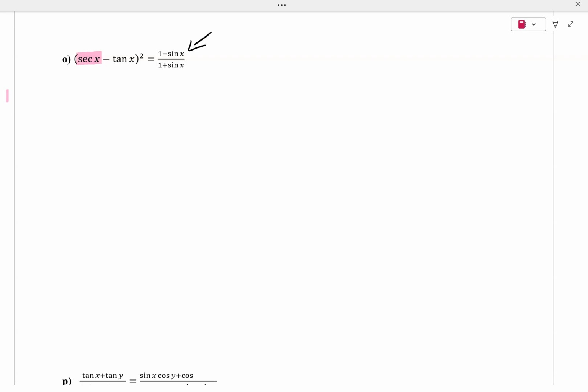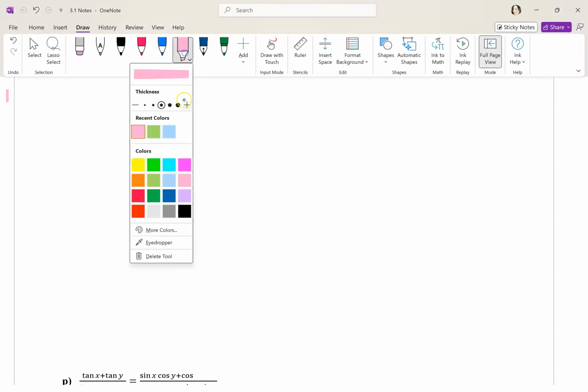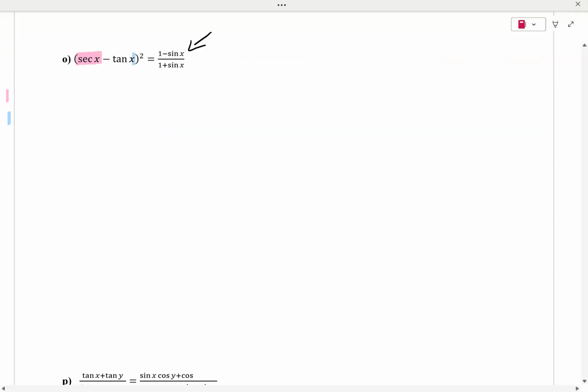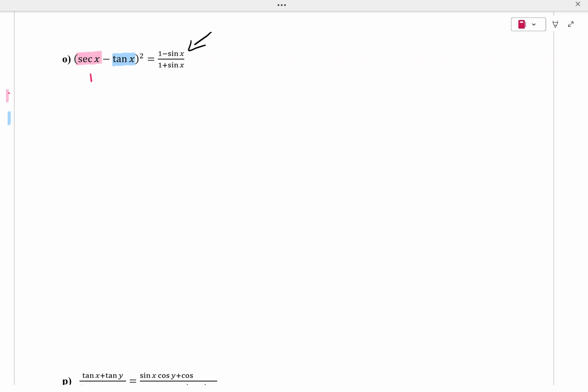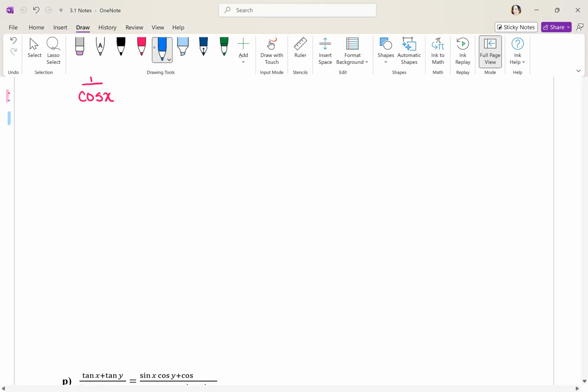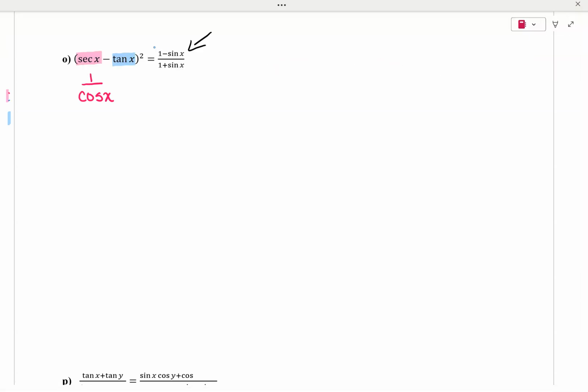So we're going to rewrite secant. And let's rewrite tan and see what we can get. Okay. So we're going to have 1 over cosine. And then this will change to sine of x over cosine of x.